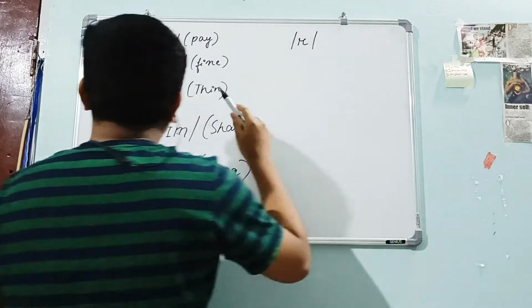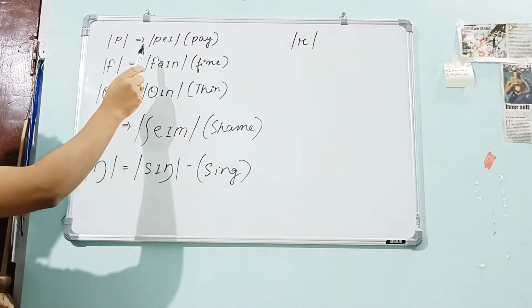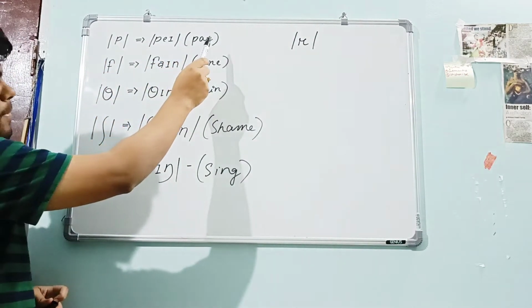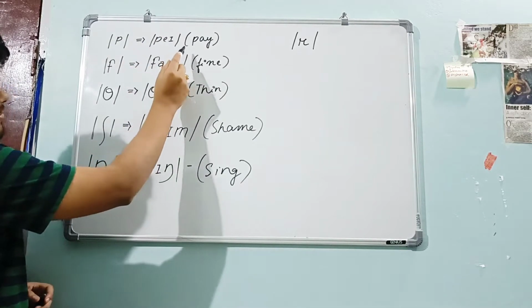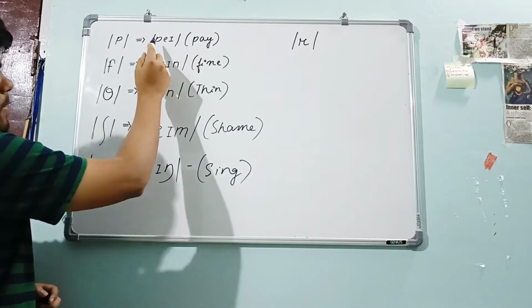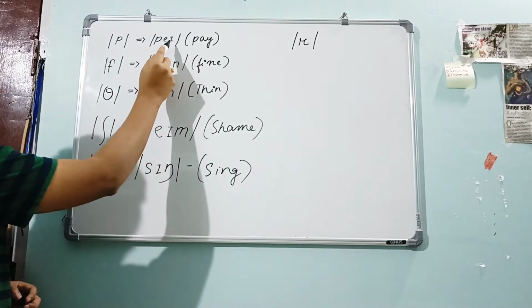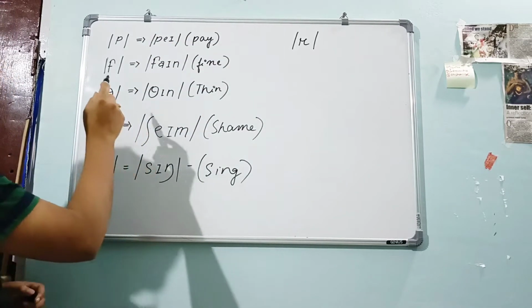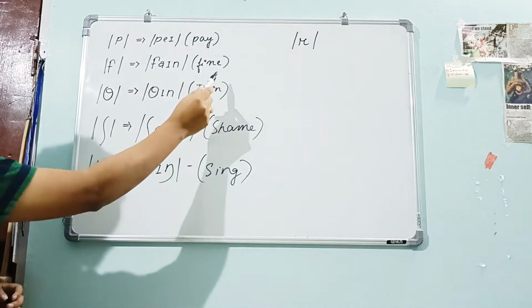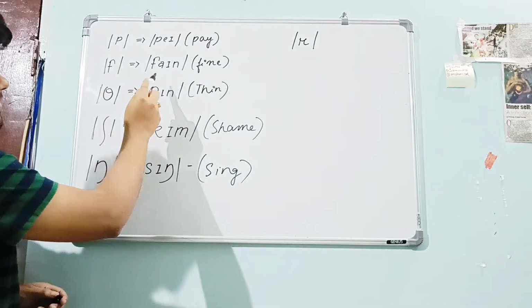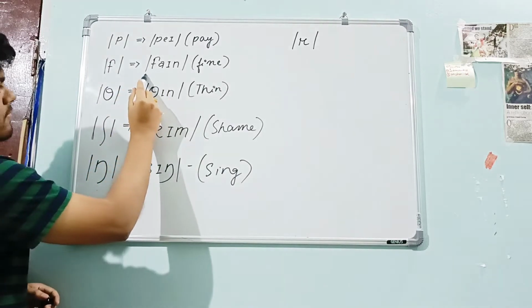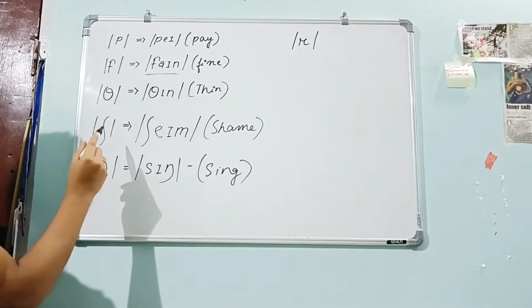Coming back to this pa, I have written the word pay. This is the phonemic transcription of the word pay. Then fa, in the word fine, represented within these slanted lines. This is the phonemic transcription.